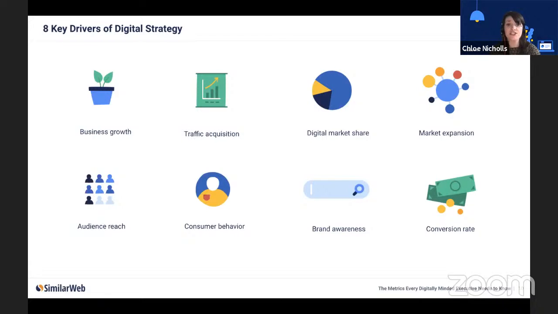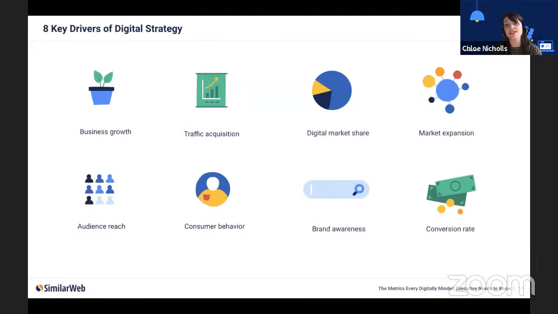Traffic acquisition, so looking at your acquisition strategies, whether it's to your website or to your own app, for example, or both, and increasing your digital market share, making sure that you're the market leader within your respective industry, looking at market expansion opportunities, market entry, market sizing, for example, audience reach, so looking at opportunities to increase your growth around your audience or your customer base.